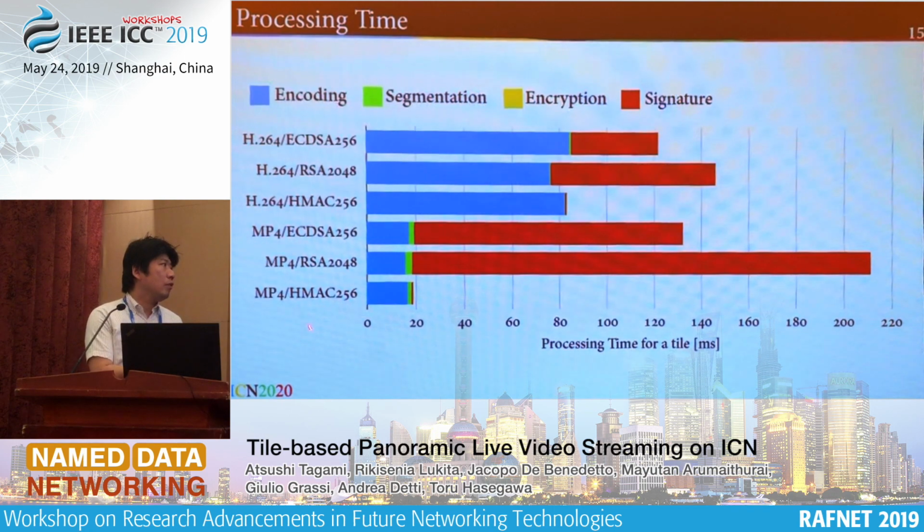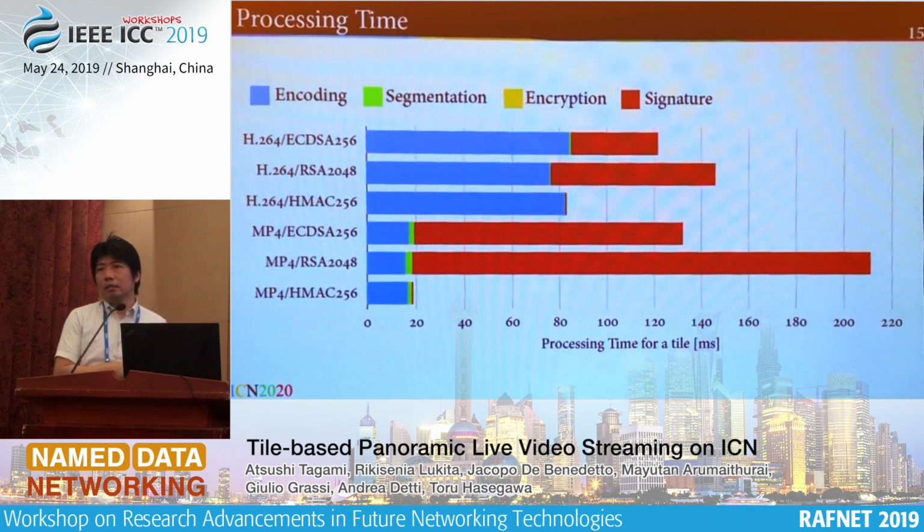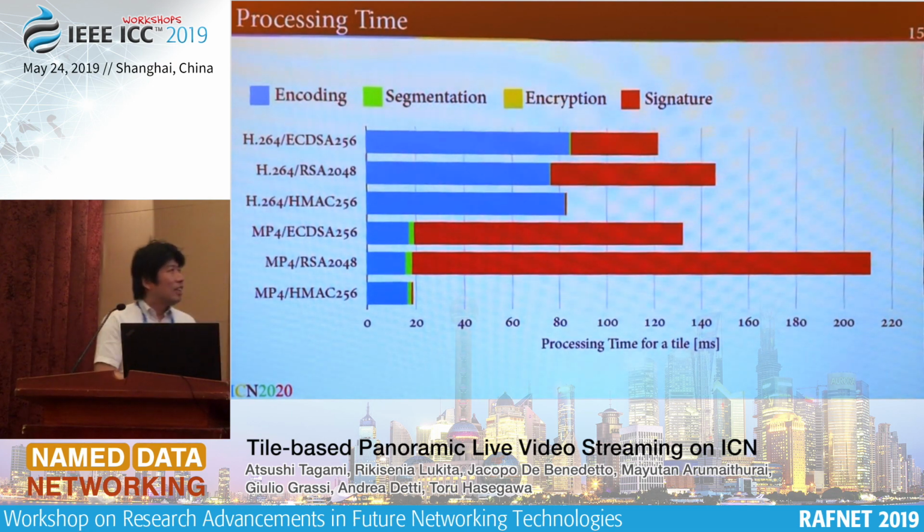When we use 4 cores, we can make each tile in 5 milliseconds. But HMAC uses the same key both to sign and to verify the packet, and needing the same key is not good.